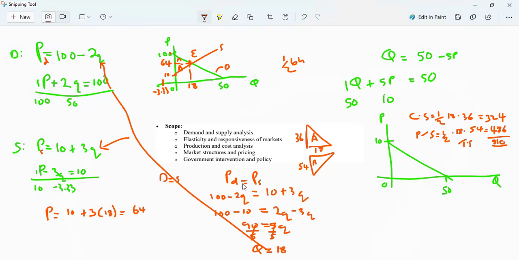But this doesn't usually happen. So government will often intervene to achieve goals like protecting you and me, the consumers, also supporting producers, while not exploiting them either, and ensuring there's fairness in raising revenue.